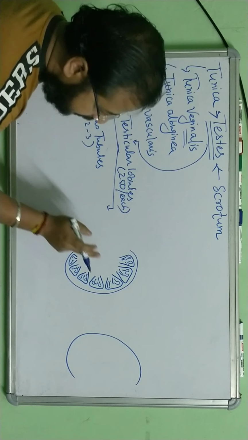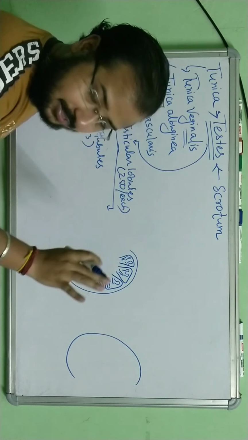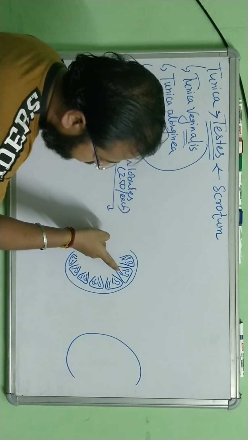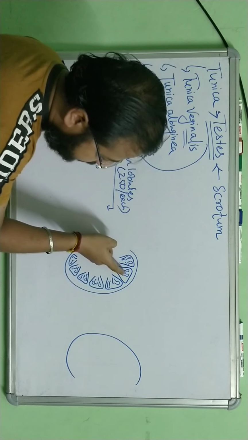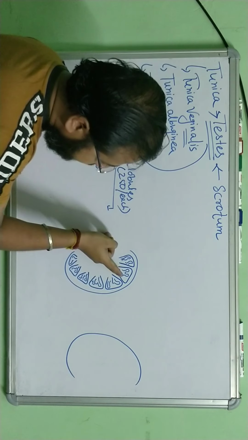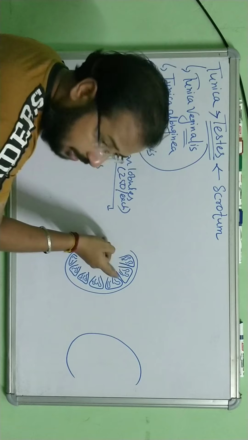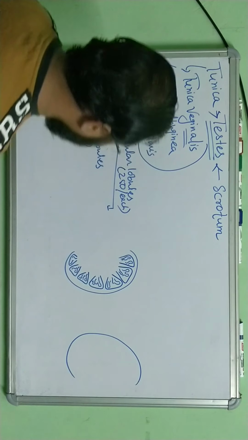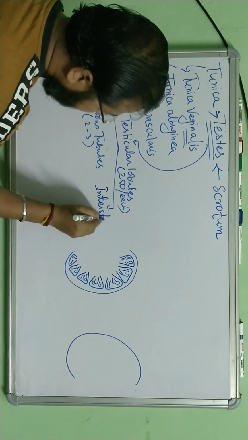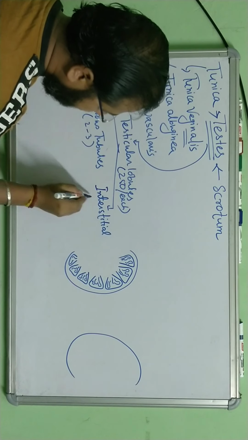Now, apart from the seminiferous tubules, if you look carefully, you will see that there is still free space left inside the lobule, the white part inside each lobule. This free space is known as interstitial space.